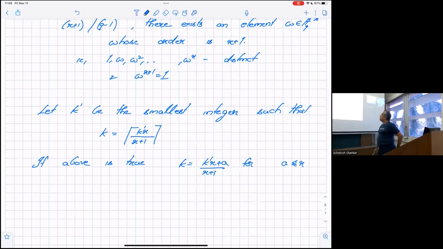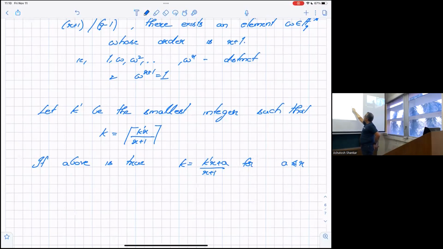If R plus 1 divides K prime, yeah, it's going to be an issue. Then it won't be the smallest. K prime is the smallest integer, so the one smaller than it would also have worked, just one less than it would have worked. So I want to ask, can A be 0?